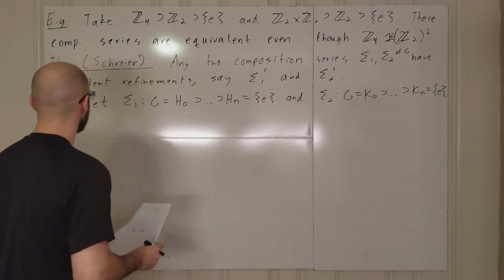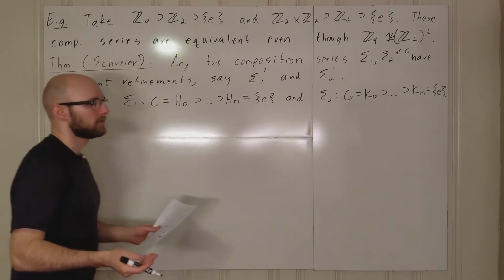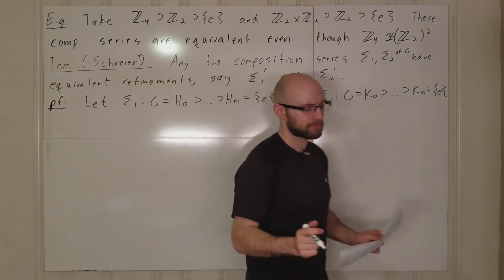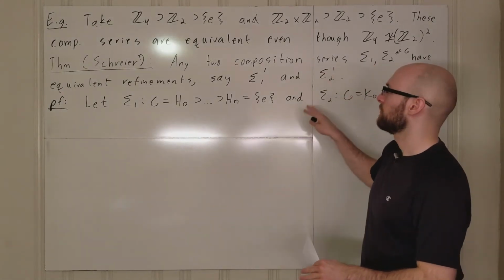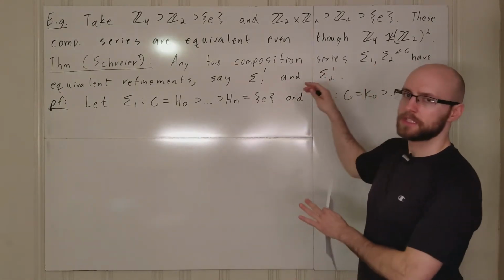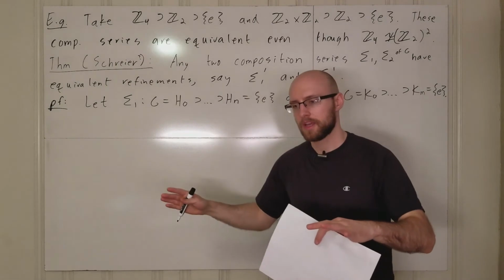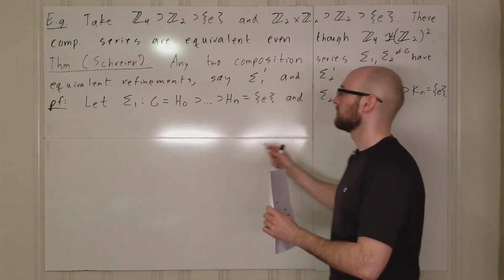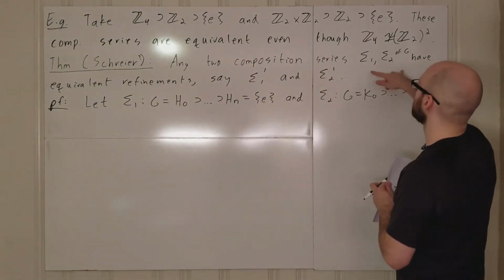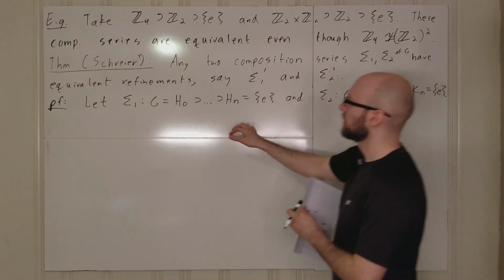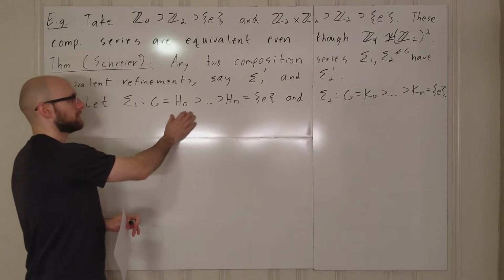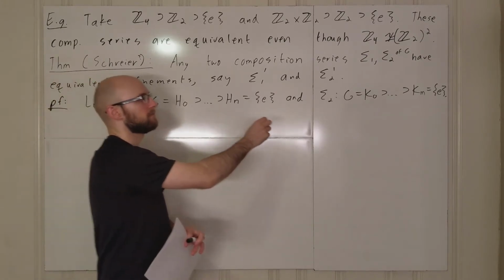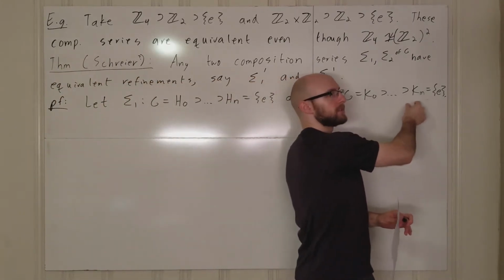Okay, so here's what we're going to do. We're going to use each composition series to refine. Basically we're going to take sigma 1 and use this to put a composition series of this size in between every single inclusion here.